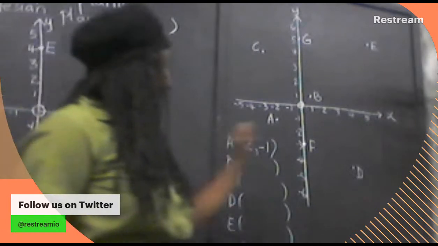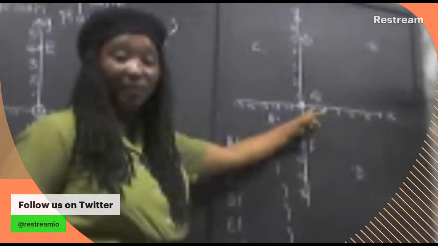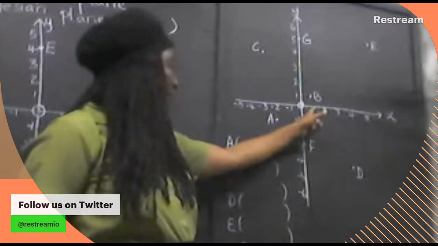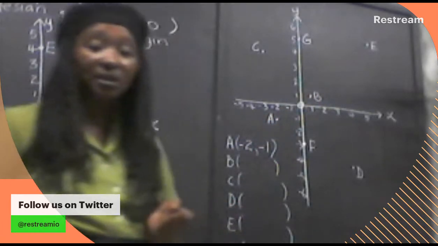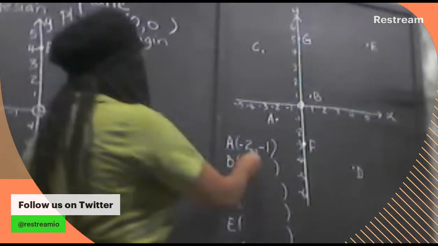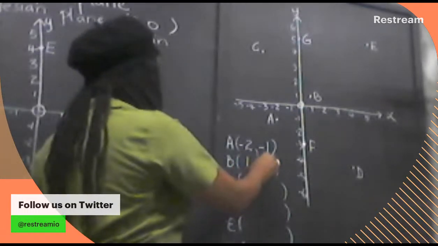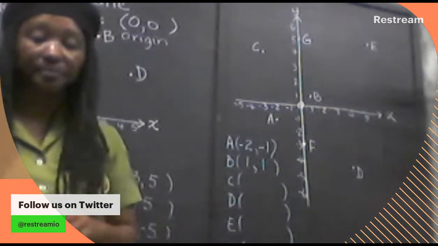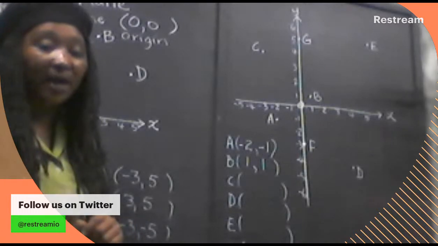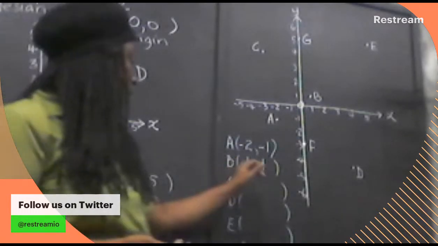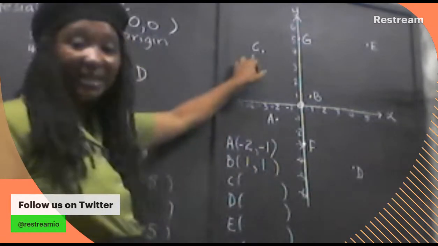So to get to B, leaving here at the origin, we have to move 1 place to the right, so that's +1 on the x, and then 1 place up, so that's +1 on the y. So the coordinate pair will be 1, 1. 1 on the x, positive, and then up on the y, that's also positive. So 1, 1.